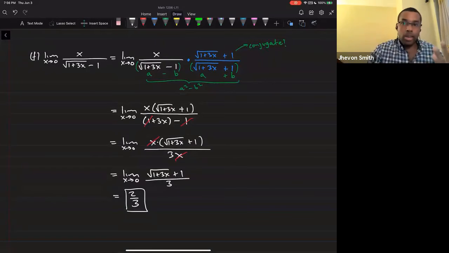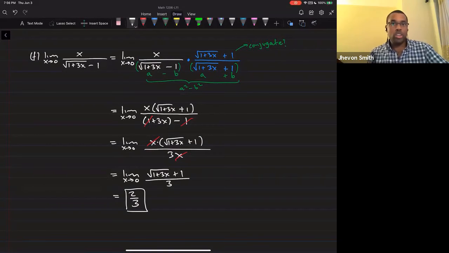So this is what I mean by your algebra and pre-cal skills coming into play, because when you're thinking, okay, step 1 didn't work, would step 2 work? I'm expecting you to remember, oh, there's this thing called a conjugate that I can use to simplify this thing. You're going to need to know that such a thing exists. You're going to need to know what it is. And then you're also going to need to be able to actually multiply and do the calculations and figure out how to do it.